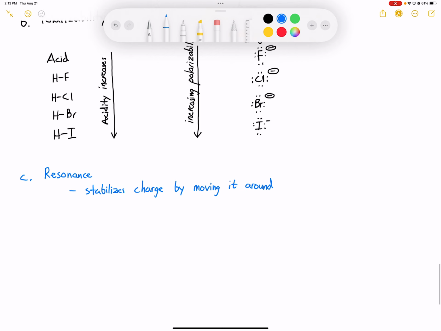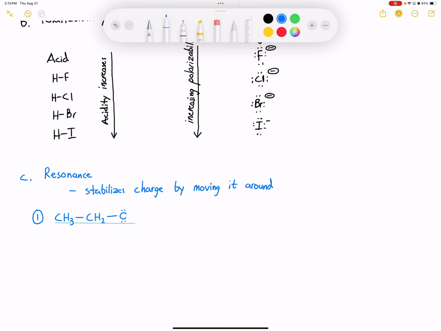So resonance stabilizes the charge by moving it around. Let's look at two examples. One, we have ethanol, CH3, not CH2. Oh, sorry guys. Erase this H for a sec.